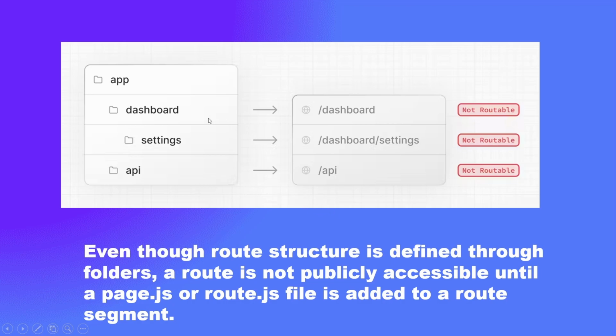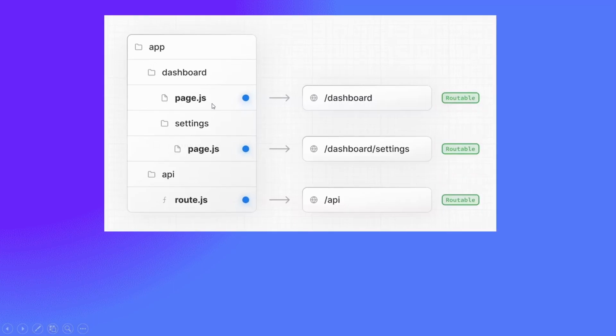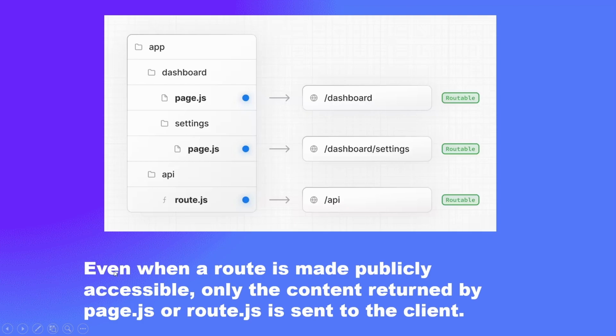So if we add one page.js or route.js, then only it will be publicly available. Even though a route is made publicly accessible, only the content returned from page.js or route.js is sent to the client.